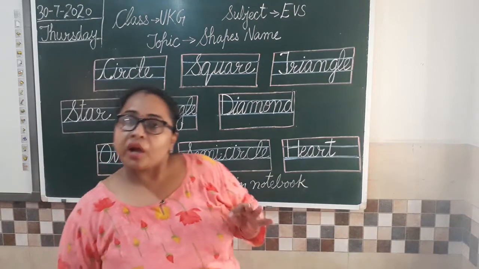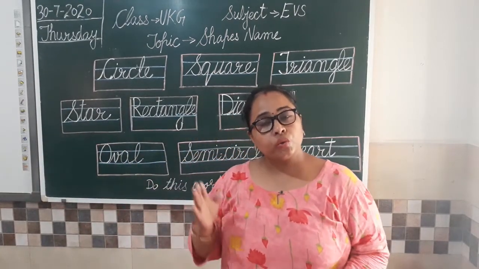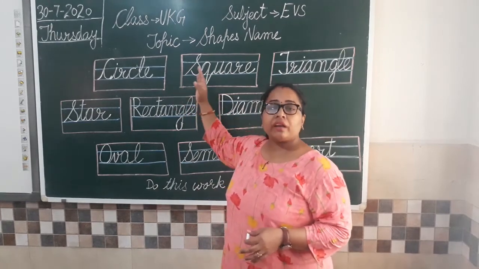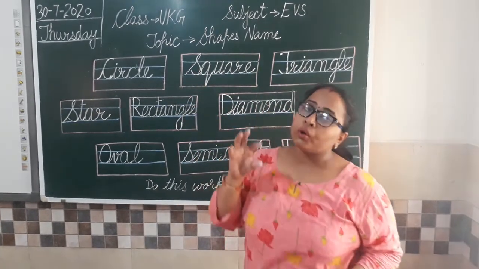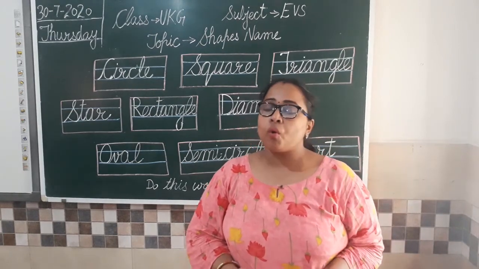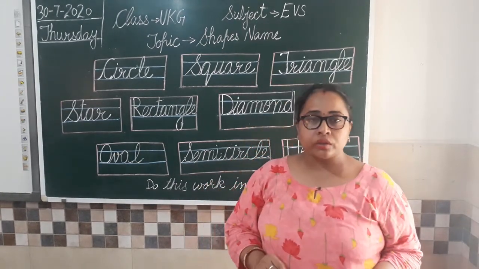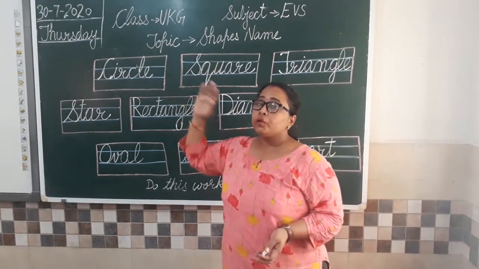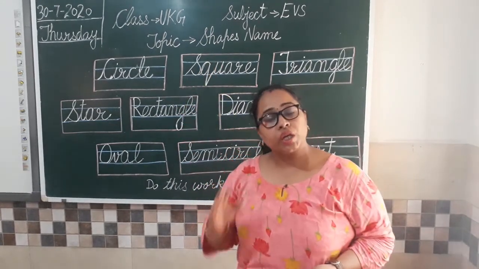So class, you have understood how you have to do this work in your notebook. Write the name of the shape, and with that you have to draw the shape also. So coloring the shape is all your choice. If you want, you can do coloring also in the shape. But yes, while writing the name of the shape, you have to draw that shape also.